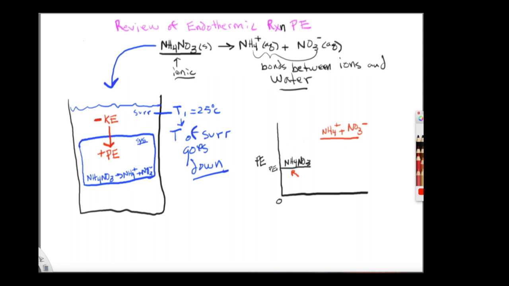Okay, now if I draw a line over, this is PE2, and you can see clearly that there has to be an increase in potential energy to go from PE1 to PE2. This is above PE1, which is above 0.